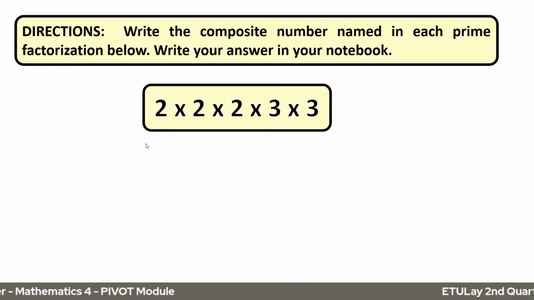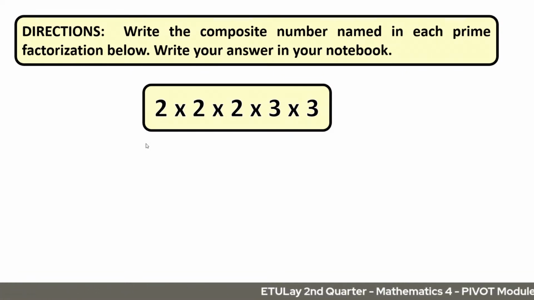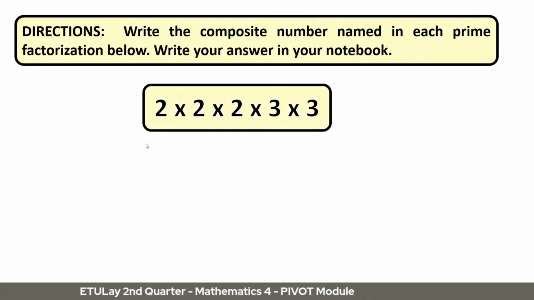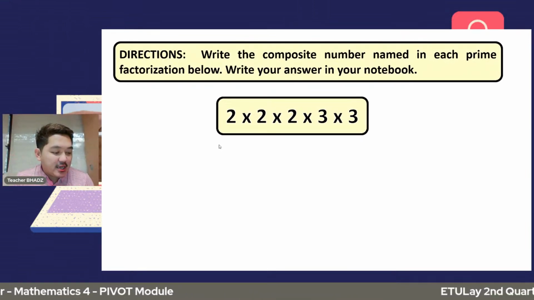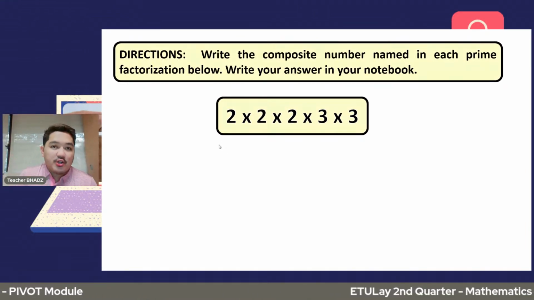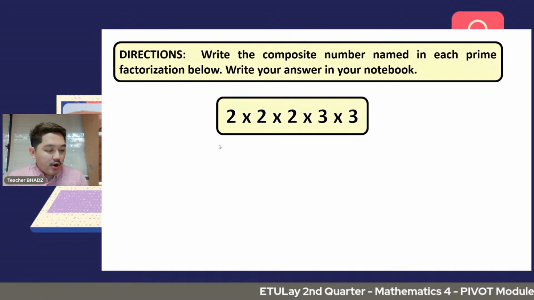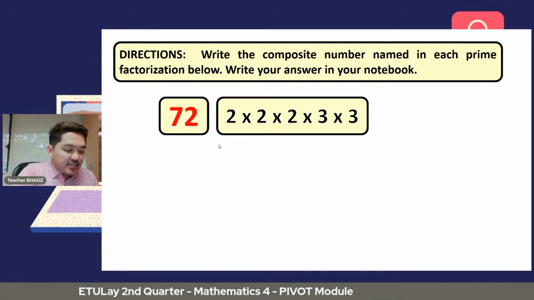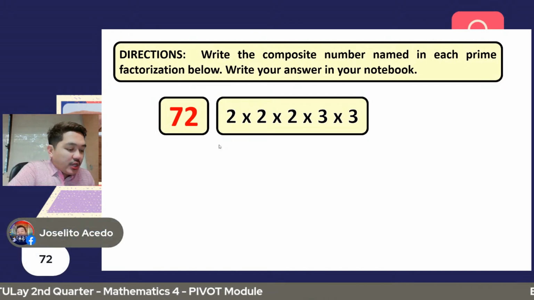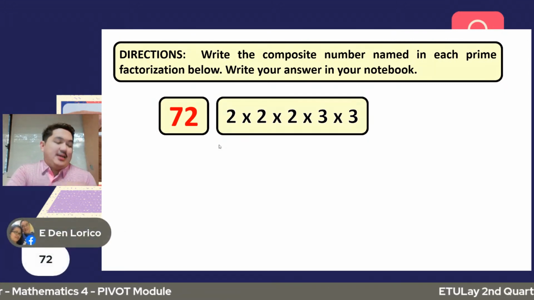Okay, let's try to answer this first question. Ang number is 72. Congratulations, Joselito, Eden Lorico, and Alma Kian.